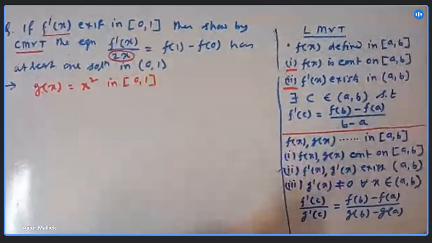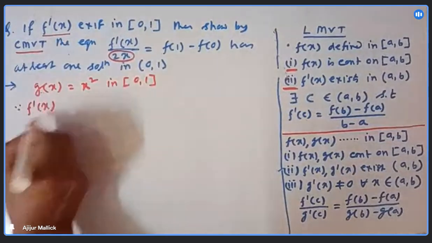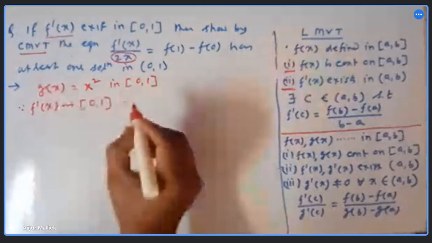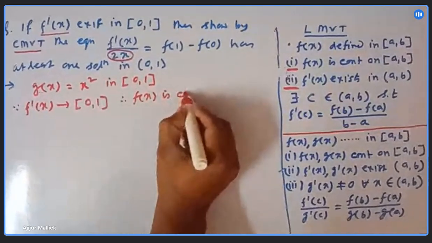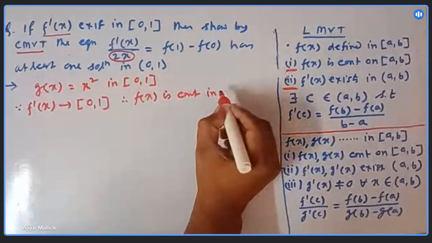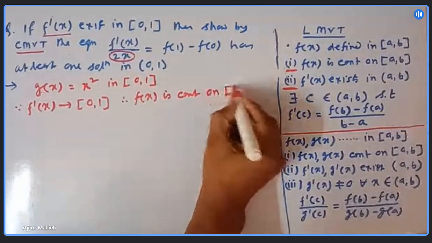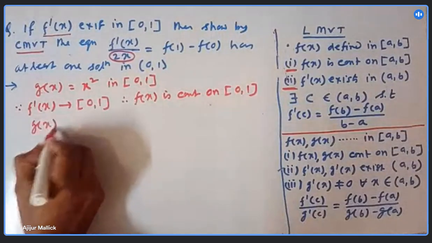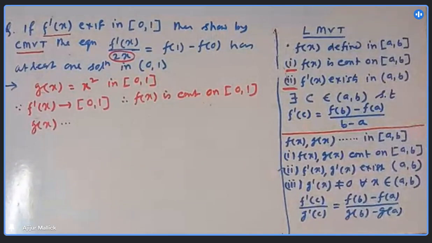I write here, since f dash x exists in closed interval 0, 1, therefore fx is continuous on closed interval 0, 1, and gx being a polynomial is continuous on closed interval 0, 1.